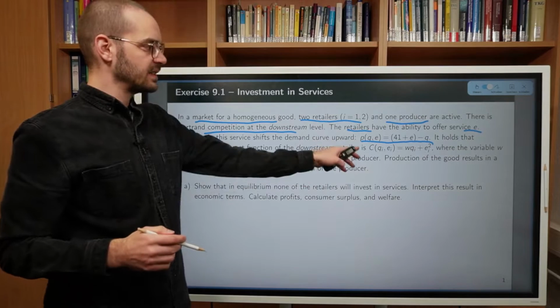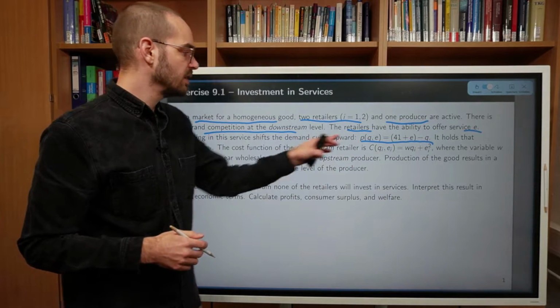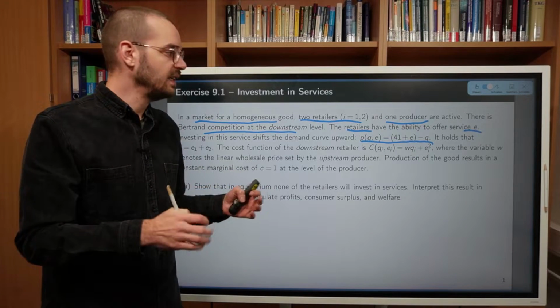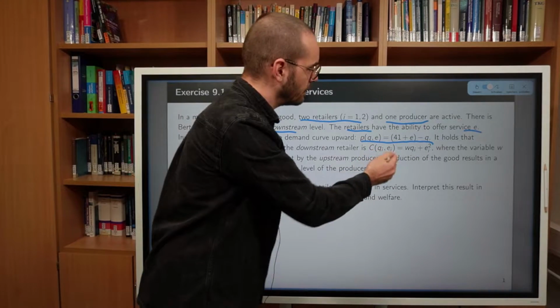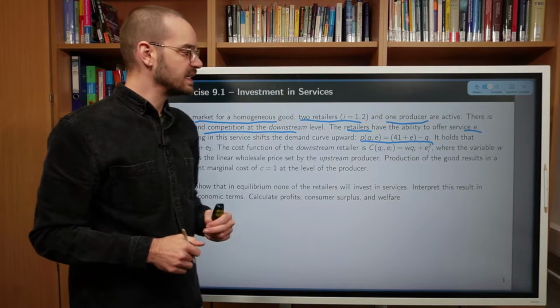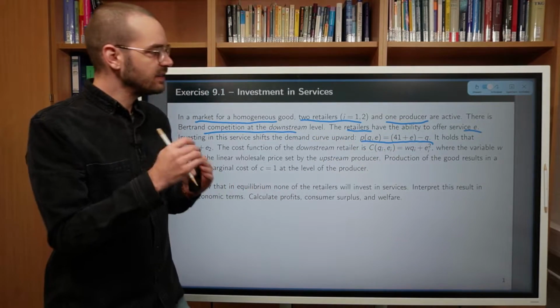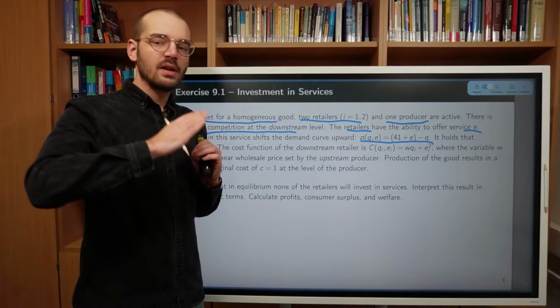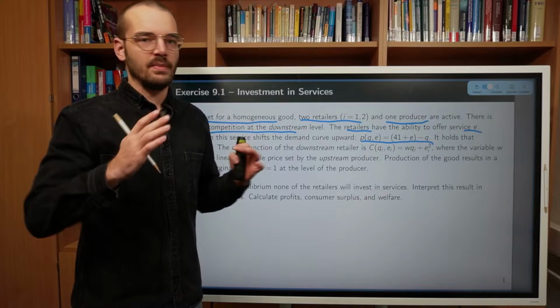We have this given demand function, price as a function of quantity and services E, which reads P = 41 + E - Q. And we can already immediately see that indeed any investment in services will lead to a parallel shift upwards of the demand function.